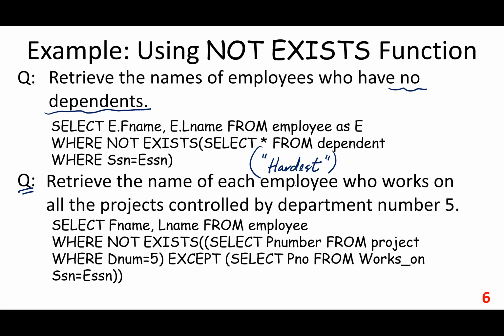The hard part is the inner query, not exists. Inside this not exists function, we have an inner query statement, and we use this set operator, except. So we know the meaning of except, right?